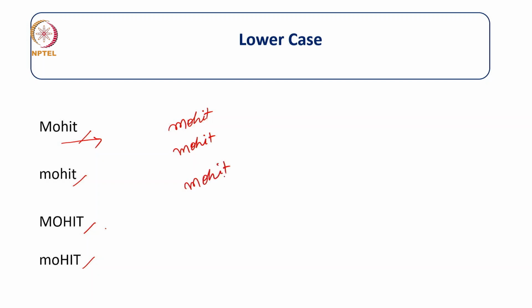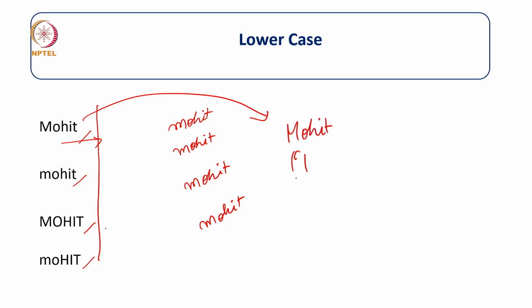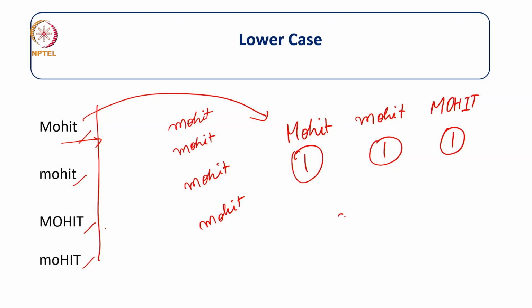When you count the number of words this way, as we have already seen with the table function, the output will show Mohit with an occurrence of 1 for each variant.